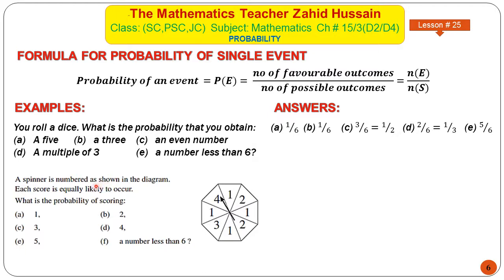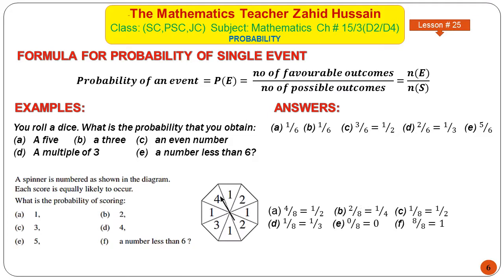Again, a spinner is numbered as shown in the diagram. Each score is equally likely to occur. What is the probability of scoring 1, 2, 3, 4, 5 and a number less than 6? Because 1 appears 4 times here, 1, 1, 1 and 1, its probability is 4 by 8. Total numbers are 8.